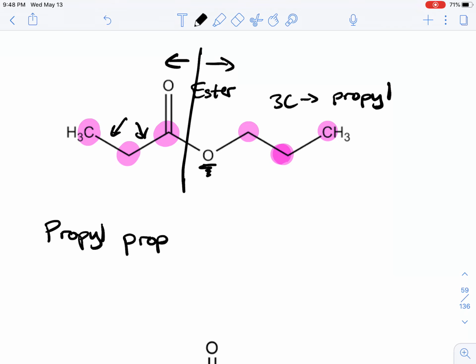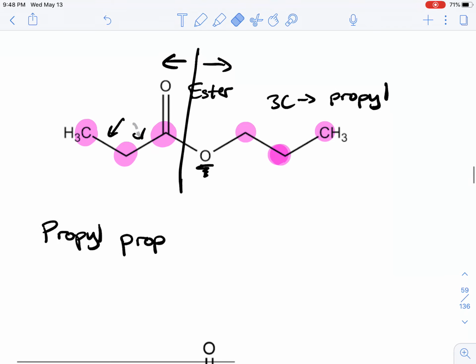So this is a single bond, I know it's going to be propane. Since I have an ester, that means I need to erase this E and then put in O-A-T-E. So this is propyl propanoate. And I'm done.